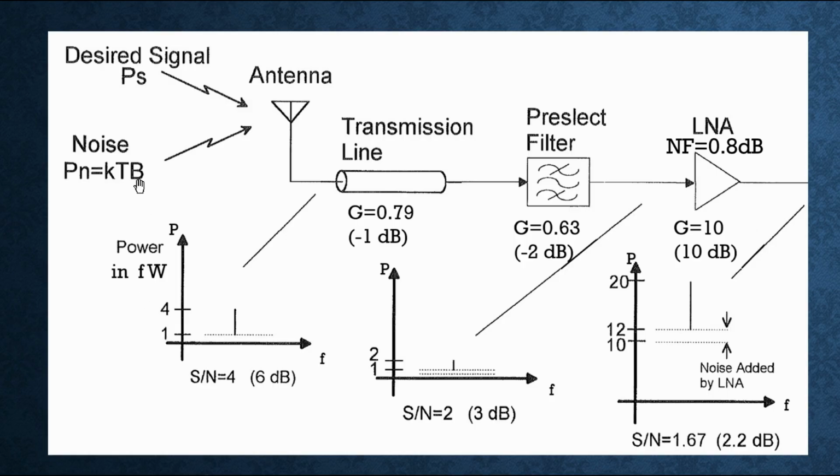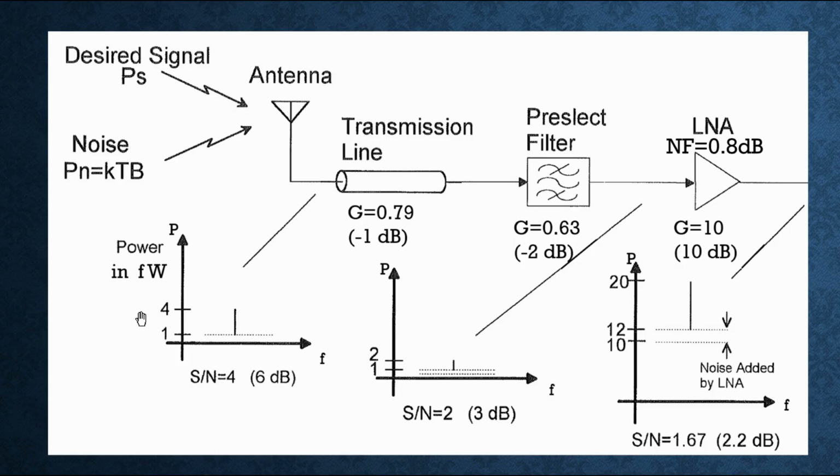Now that's within the information bandwidth of the signal, but I'm just drawing a line here and labeling it 1. So think of this as kind of a little spectrum analyzer with a resolution bandwidth set to the signal bandwidth. And then the signal is this little guy popping up here. In reality, there'd be modulation. It would be spread out, but I'm just showing it as a CW continuous wave signal strength of 4 femtowatts.